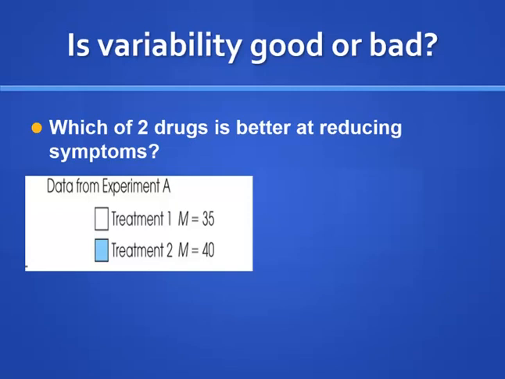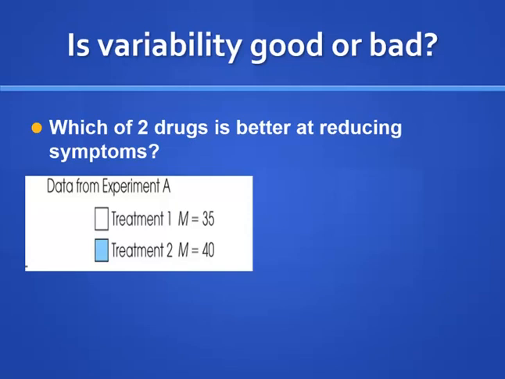Well, variability plays a critical role in inferential statistics because variability in the data influences the ease at which we can detect patterns. So in general, low variability means that existing patterns can be more easily detected, whereas high variability in a data set tends to obscure patterns in the data.